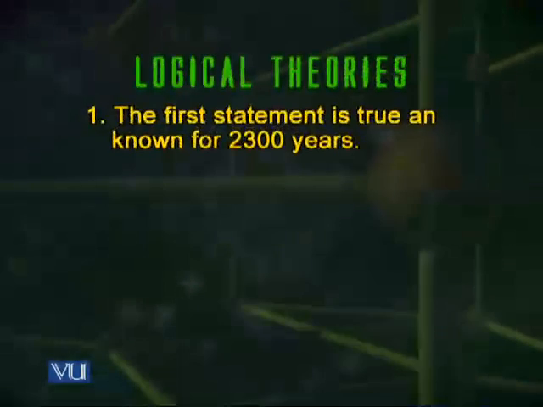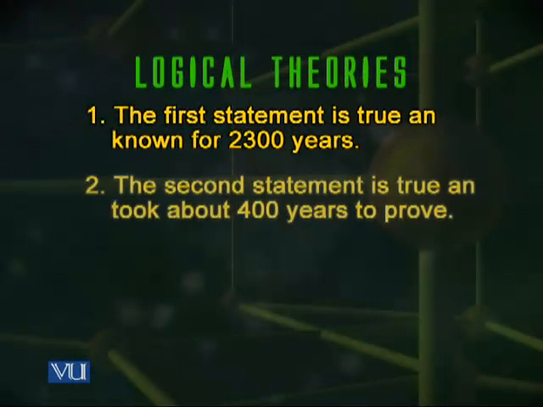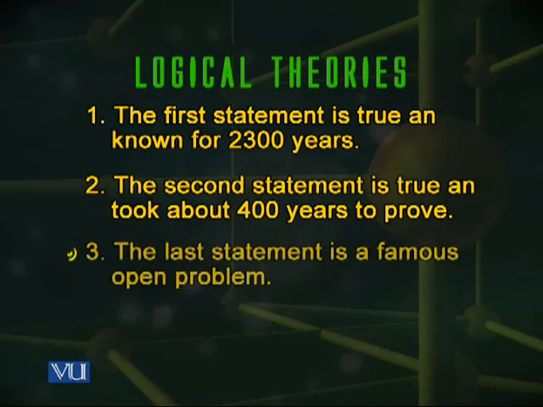So we've seen these three statements which look very simple. They're formal statements in number theory, and the status of these statements is as follows. The first statement is known to be true for 2300 years. The second statement is true and took about 400 years to prove. The last statement is a famous open problem.